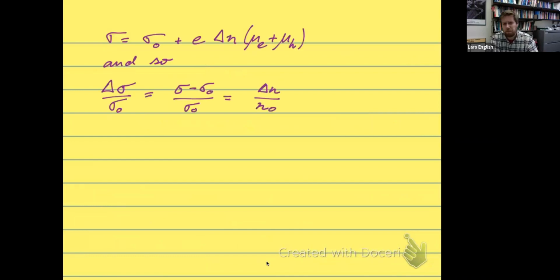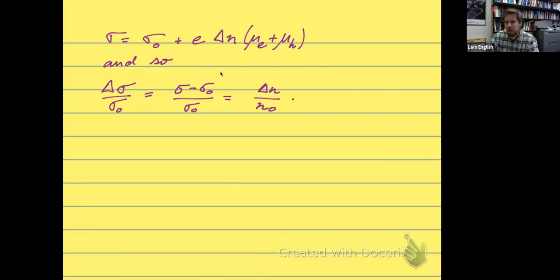And if I then think in terms of a ratio, when I shine the light on this crystal, by how much does it conduct better than before? So in relative terms, this delta sigma over sigma naught, well, the nice thing there is that everything sort of cancels out.